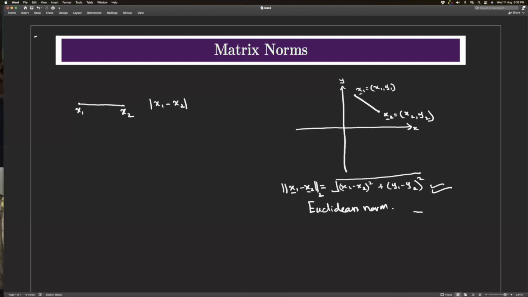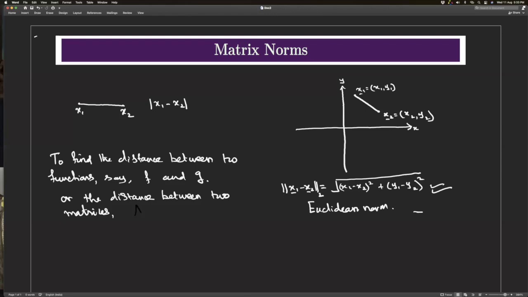But often we need to find the distance between 2 objects which are not in Rn. For instance, I want to find the distance between 2 functions, say f and g, or the distance between 2 matrices, say A and B. Now, how will we do that?